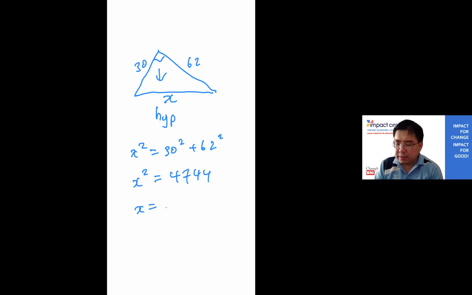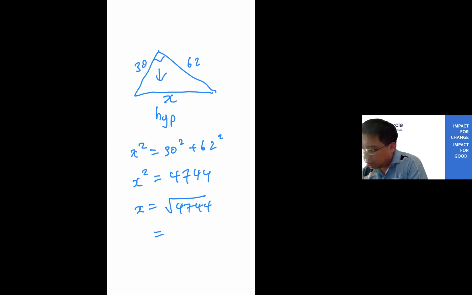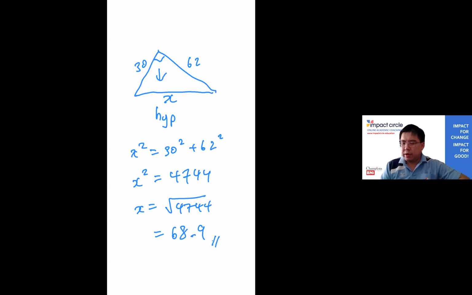Square rooting both sides, you will get the answer x equals 68.9. So please be careful when you round off.